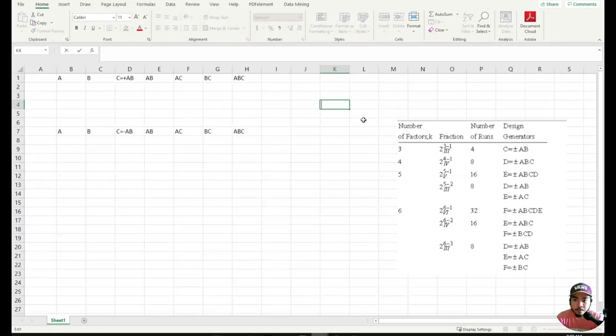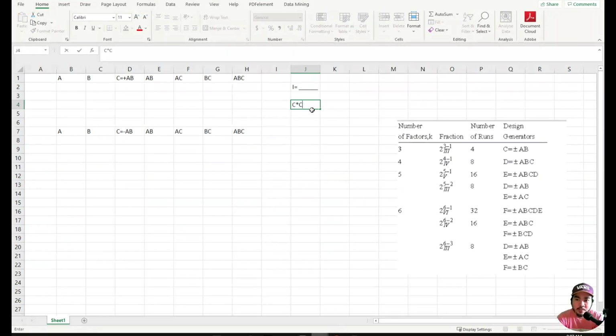Okay? So ang defining contrast kasi is given as the identity is equal to a certain value, no? Yan yung defining contrast. So if you want to get the defining contrast, then we can do it in 2 methods, no? Kunwari, we are doing 2 to the 3 minus 1. So that's C is equal to plus minus AB. So para makuha yung I, we just multiply both sides by C. Tama?